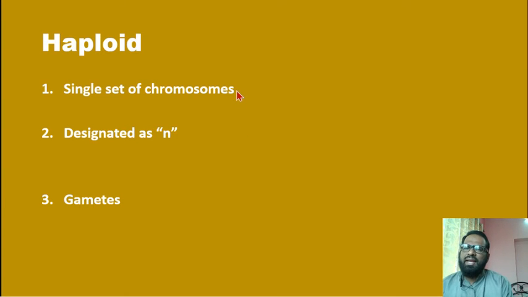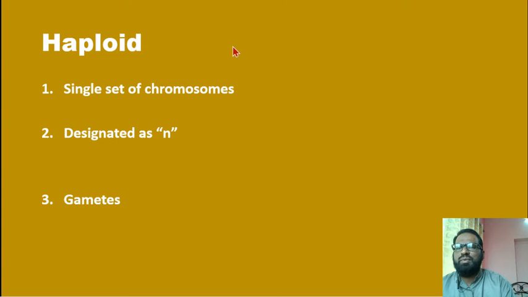In sexually reproducing organisms, one gamete will have one set of chromosomes, and another gamete will have another set. When these two gametes fuse together, one set comes from the father and the second set comes from the mother. The number of chromosomes present in the gamete is called the haploid number of chromosomes.